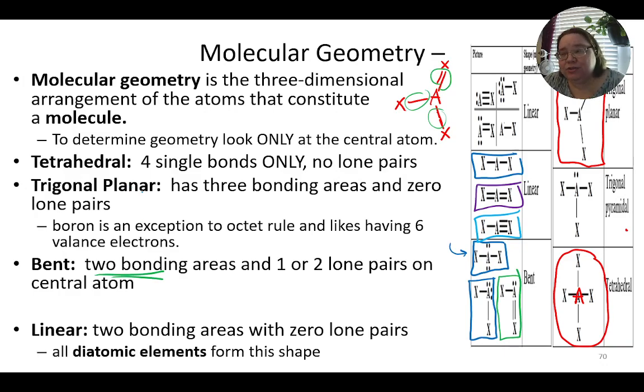There is another type of linear, and this is only with our diatomic elements. Diatomic elements are 2 atoms, 2 elements that are bonded together. There are 7 diatomic elements on the periodic table. They form a 7, starting at 7. And these are elements that do not exist in nature by themselves.